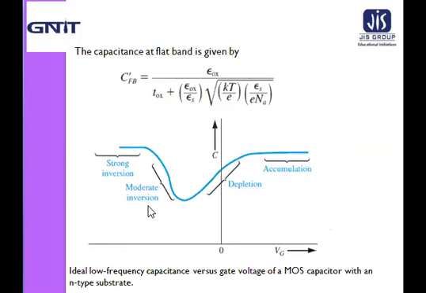The accumulation condition is obtained for a positive gate bias, and the inversion condition is obtained for a negative gate bias. This is the low frequency ideal curve for the N type of substrate.